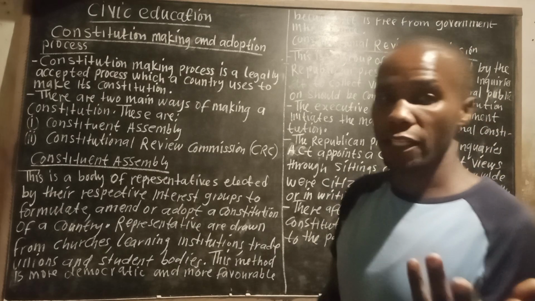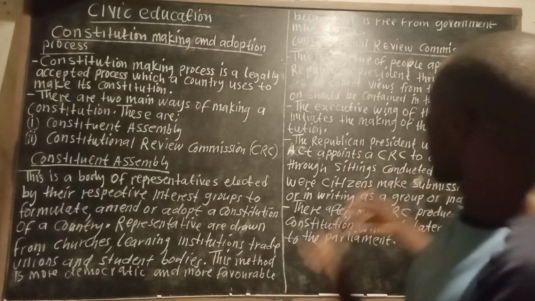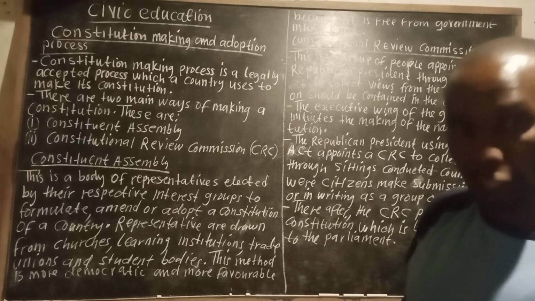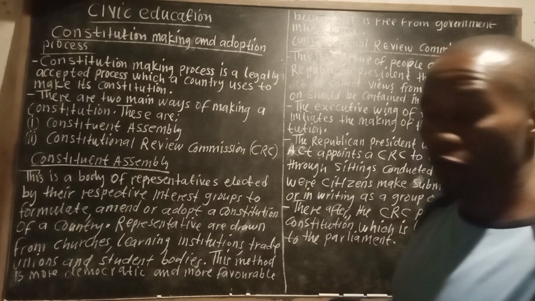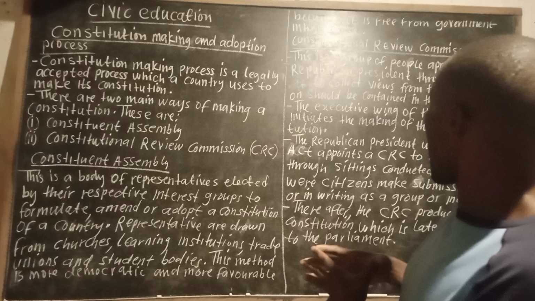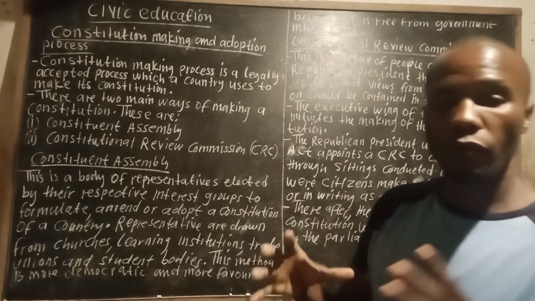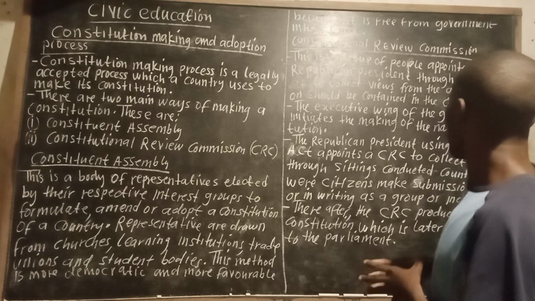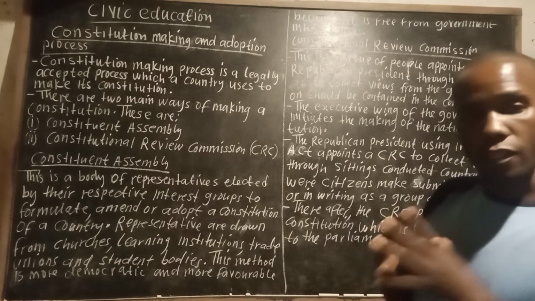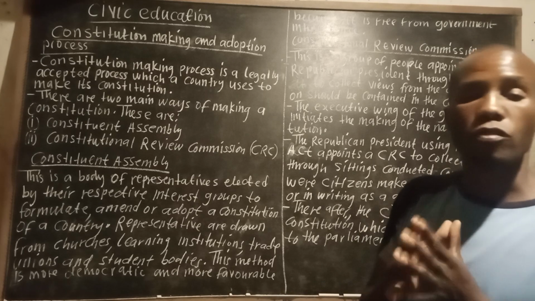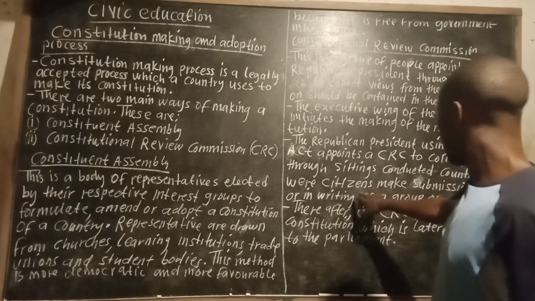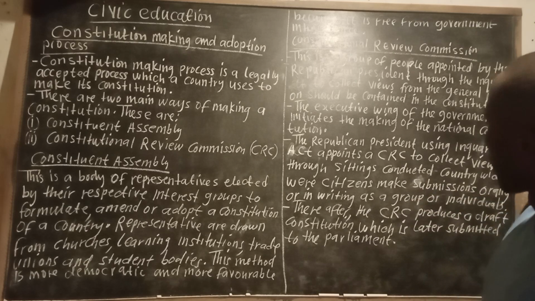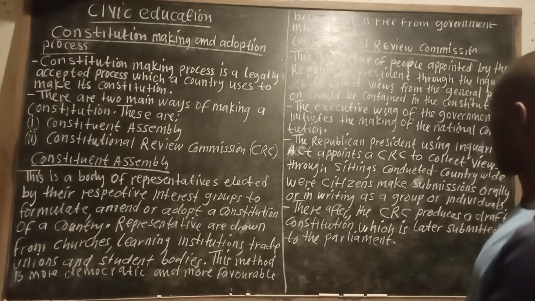First of all, they have to sit, and thereafter they go out and inquire from the citizens what is supposed to be contained in the constitution. Citizens make submissions orally or in writing, as a group or as individuals.